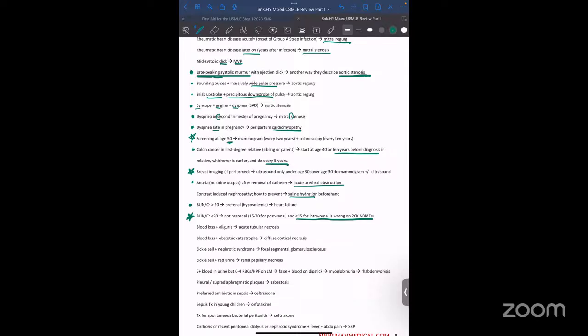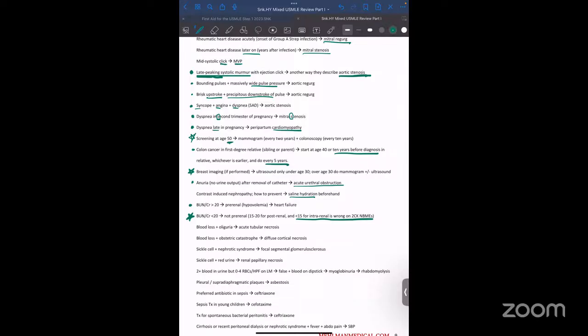Okay, so I guess we have to take it with a pinch of salt. I'm not sure what he means. BUN-creat ratio less than 20 is not pre-renal, so basically it's just ruling out pre-renal for us.